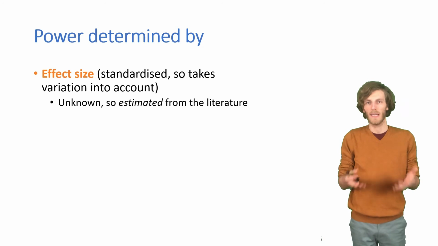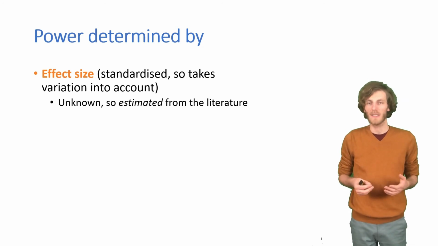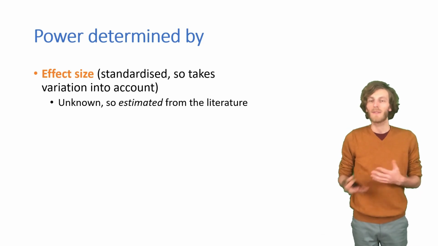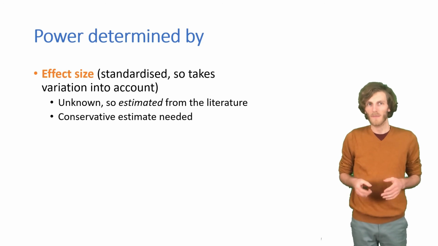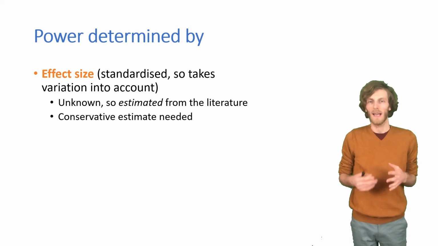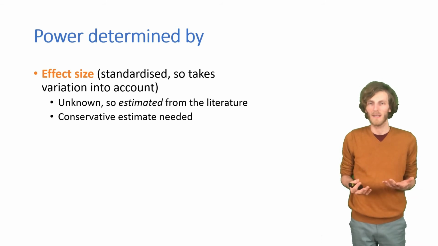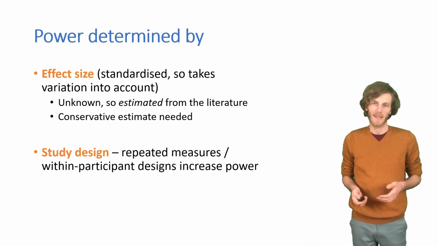So we might say, well, we're now researching this effect in British PhD students. We have some literature from American undergraduate students that gives us a sense of the effect size. So let's use that as an estimate. But it's quite important to be conservative there, because it's also becoming clearer and clearer that the published effect sizes tend to be quite a lot higher than what you find in replication for various reasons. So to estimate power, we need to decide on an effect size.